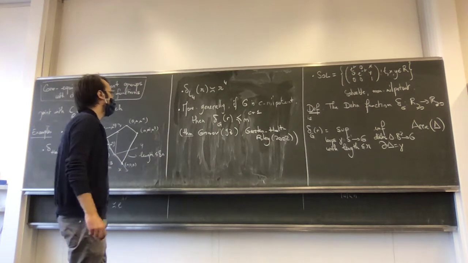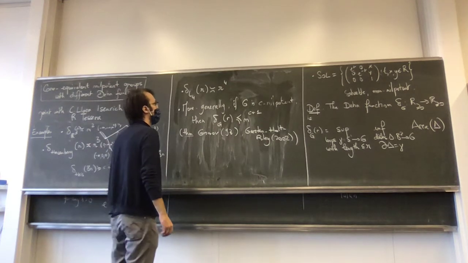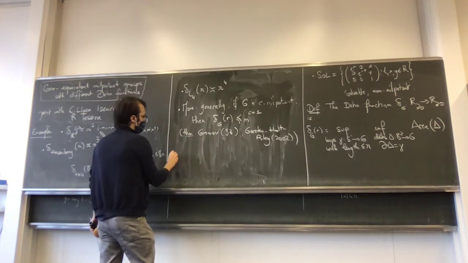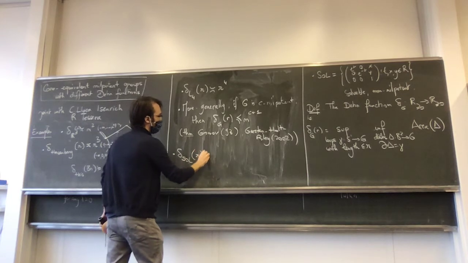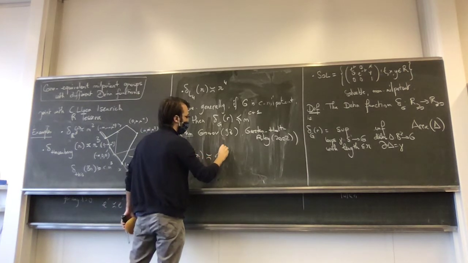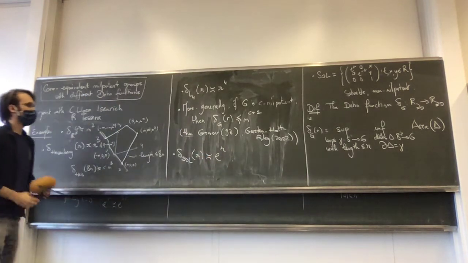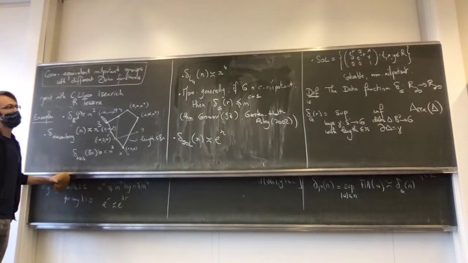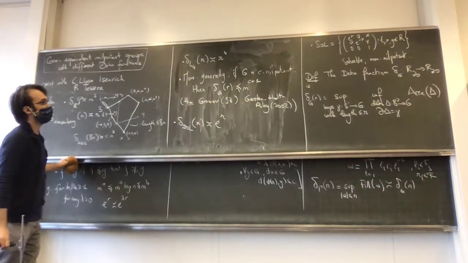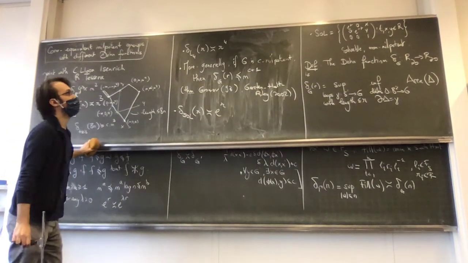But this is the first upper bound that we can put on a nilpotent group. And the last example is Sol. Just to show the difference, the Dehn function is exponential. This was proved by Epstein and Thurston in the book on automatic groups.